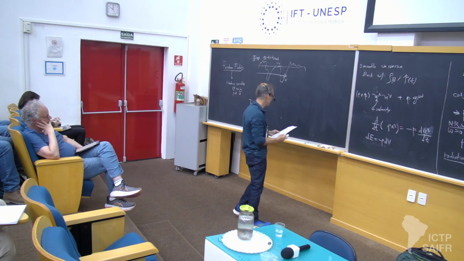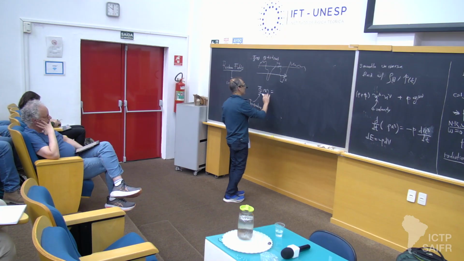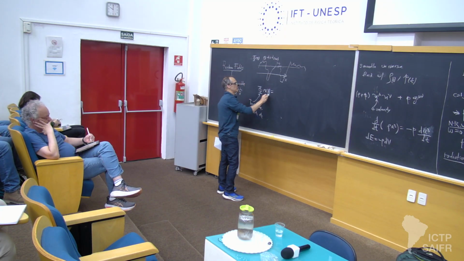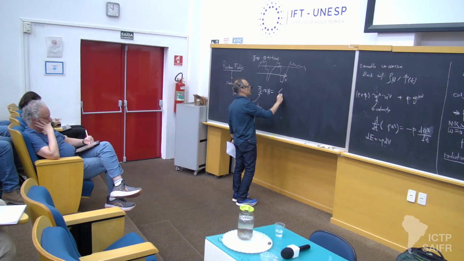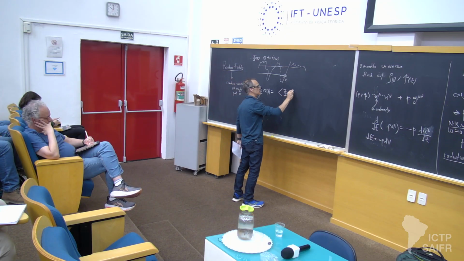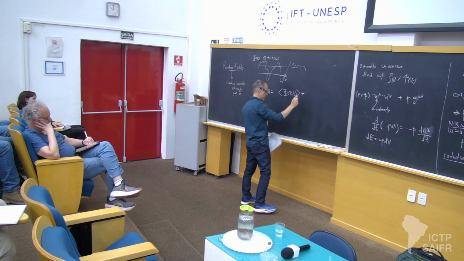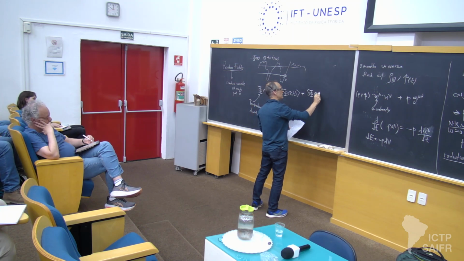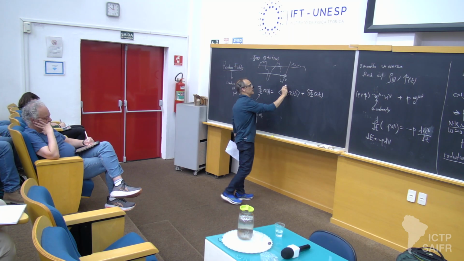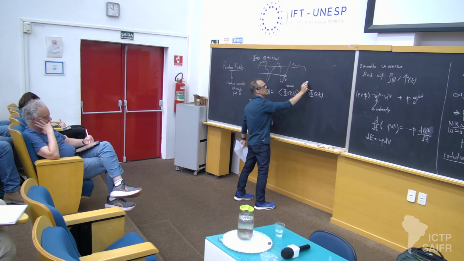At each time, we're going to decompose this into the mean and then a fluctuation. So this is the statistical mean, and this is the fluctuation.